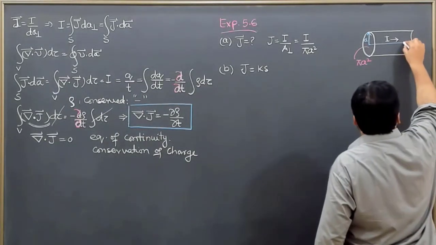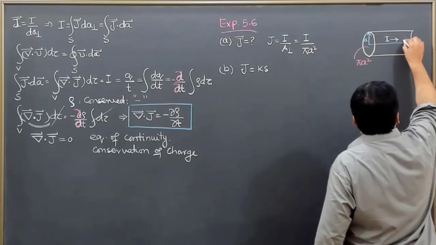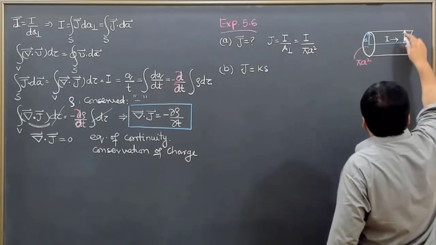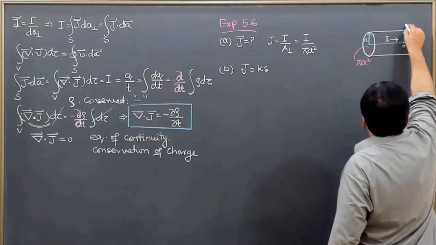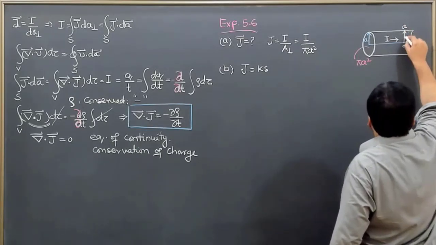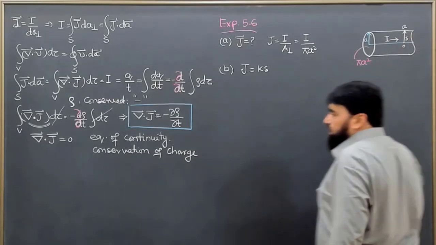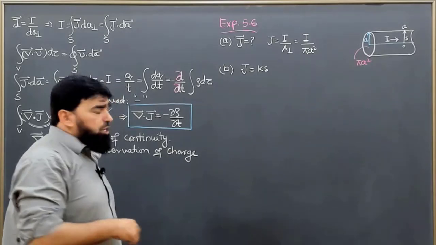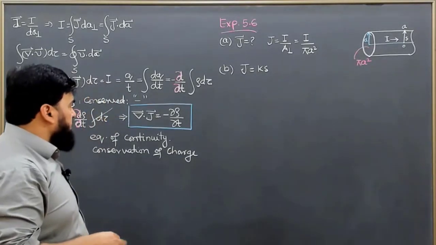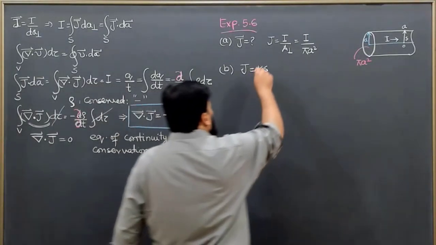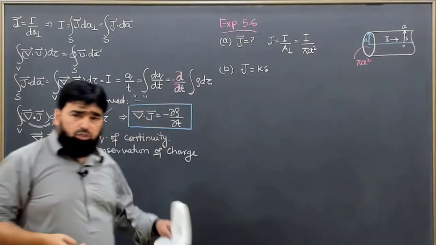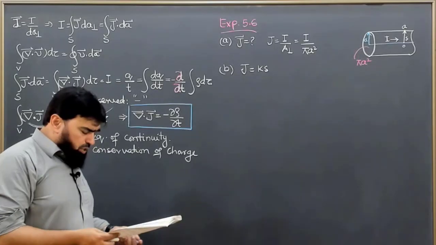Like s is starting from here to here, covering the radius, so it will go from 0 to a. Just like in cylindrical coordinates, where we have s for the radius. Keep in mind, K is a constant. This is not the surface current. This is any constant which is balancing the equation.